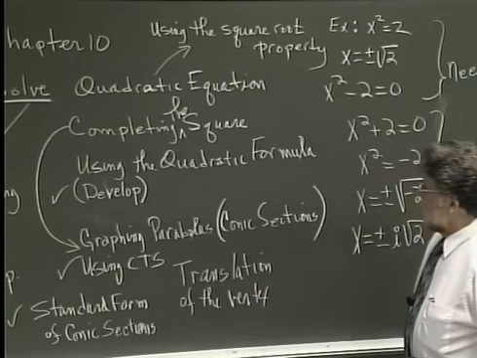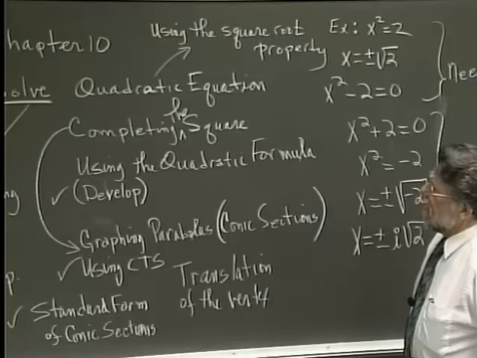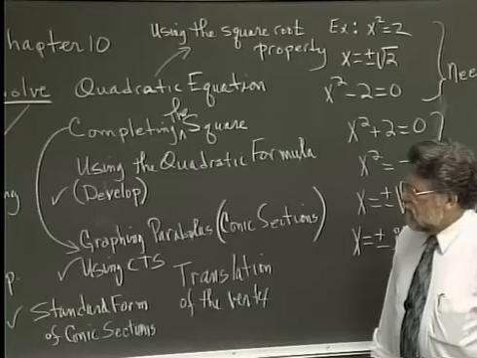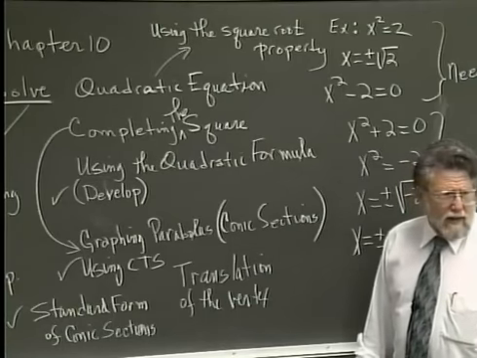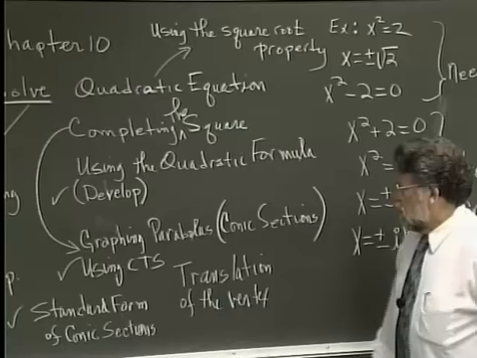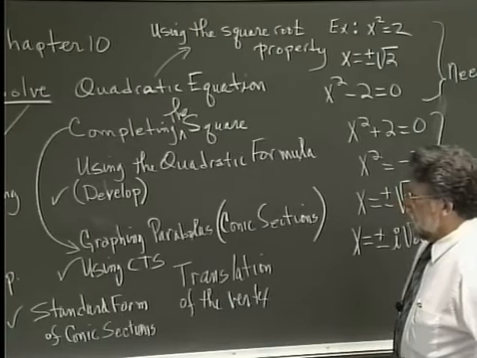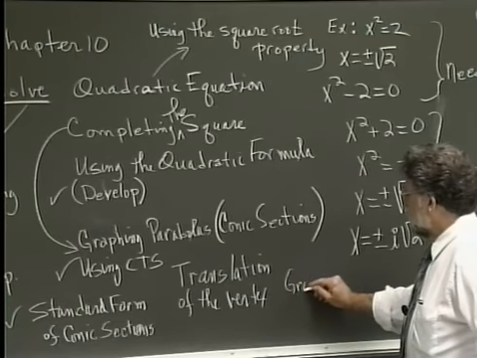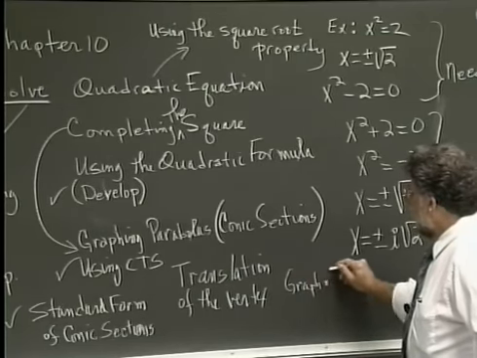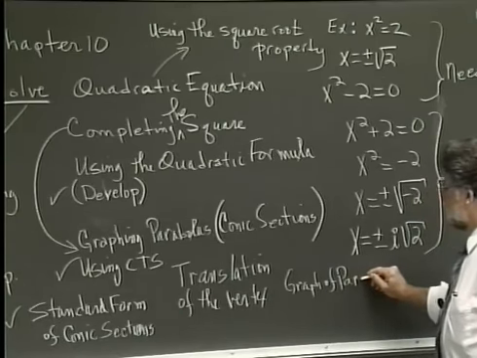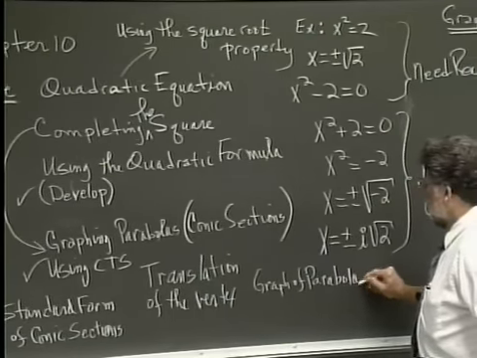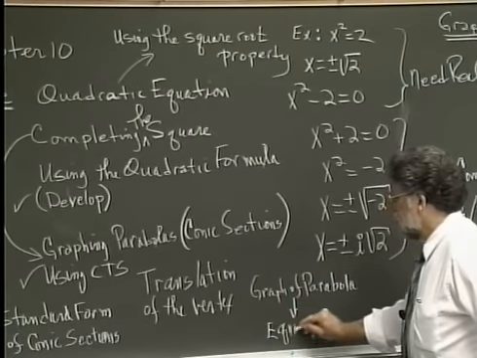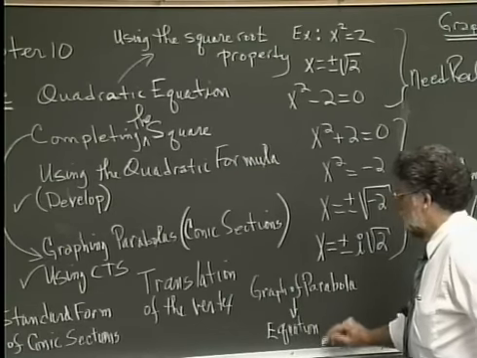To that extent, we have 1, 2, 3, 4, 5, 6. And the idea of starting with the graph and going to the equation. So, in terms of this translation of axis, part of this is graph of parabola to equation of parabola.